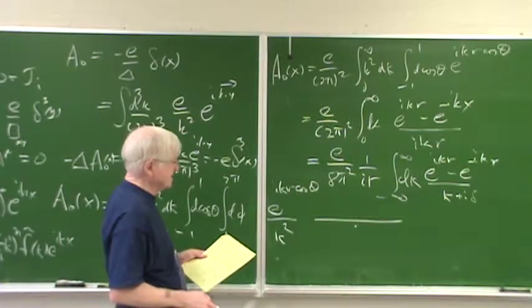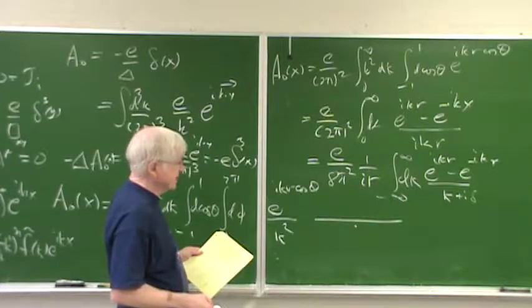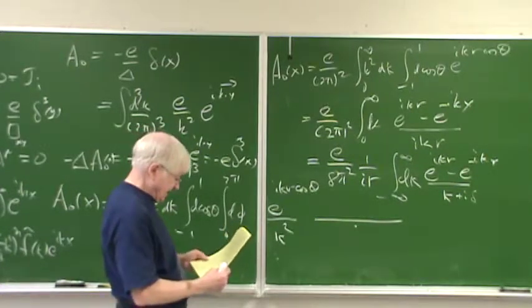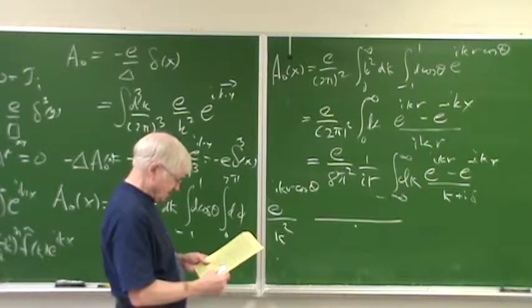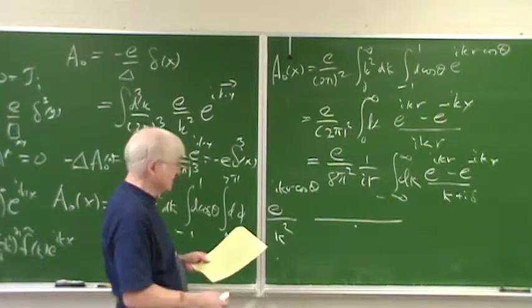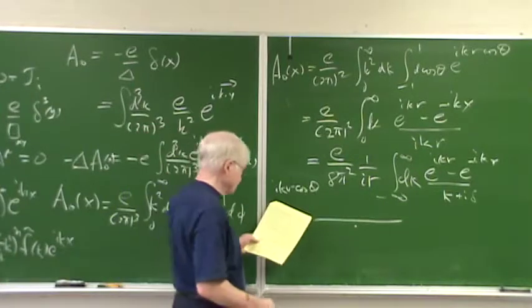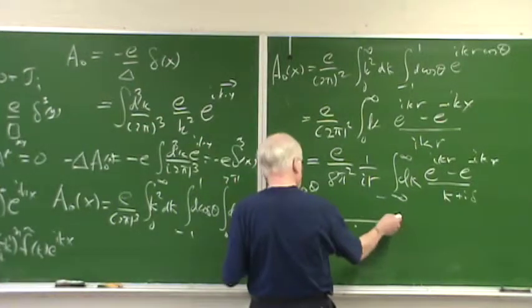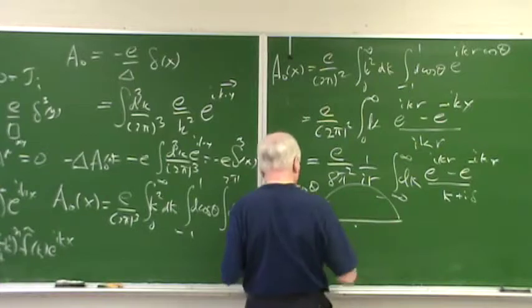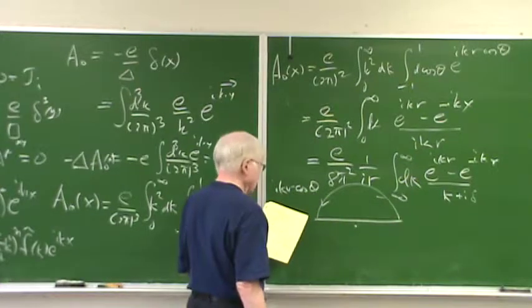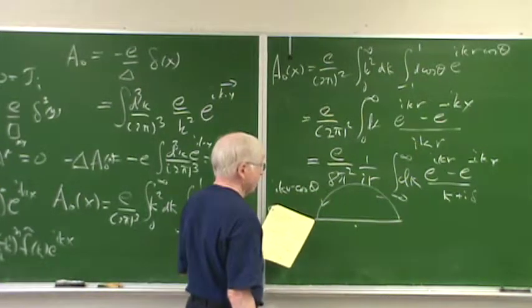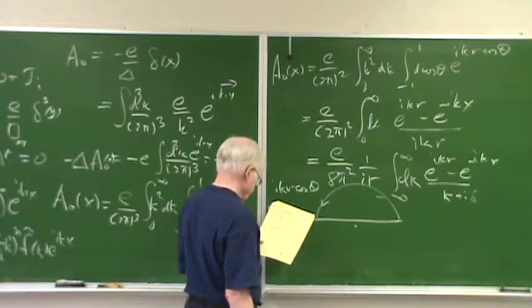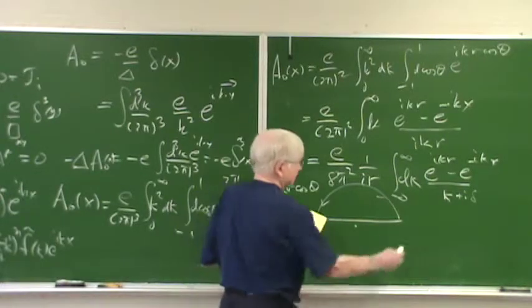And so now what we can do is add contours, and I like to call these ghost contours. And the first one, what we do is we add a ghost contour like this, and we just get 0 for this term.